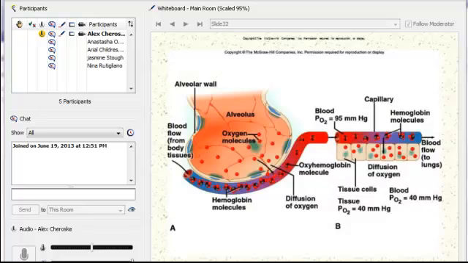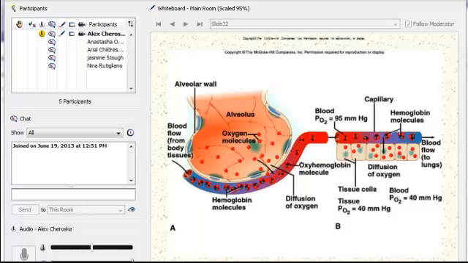Okay. So this figure right here brings two of our last topics together. One topic was actual gas exchange. The other topic was transport within the blood. So if we look at this figure, we see an example on the left of the alveolus with a pulmonary capillary next to it.